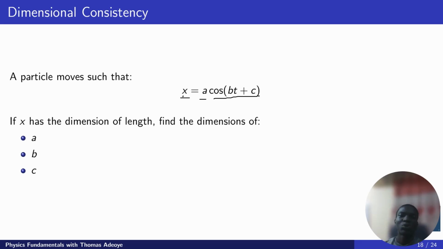Let's start with the fact that a trig function is dimensionless. It has a dimension of unity. So its argument, the dimension of each term, must be equal to 1. Is that taken? So the dimension of BT must be equal to 1.